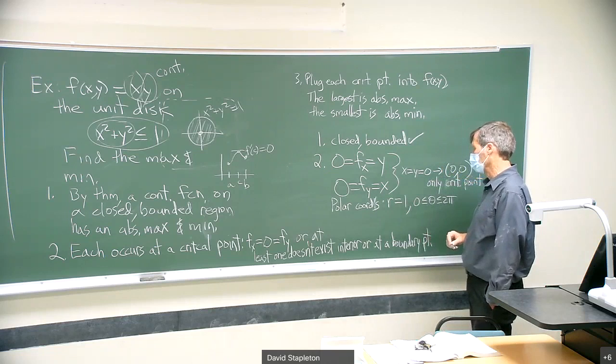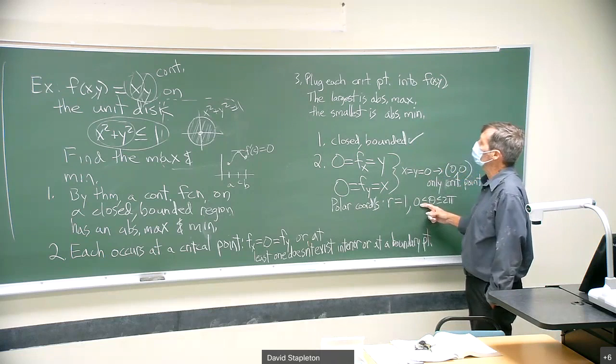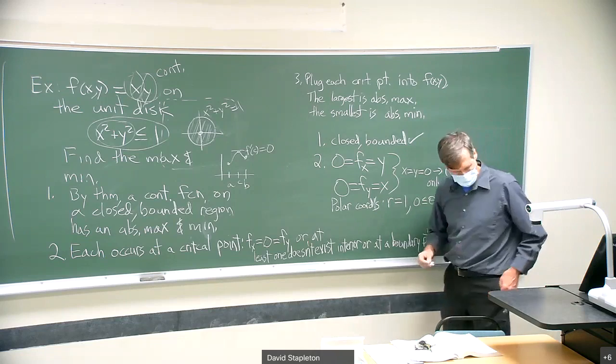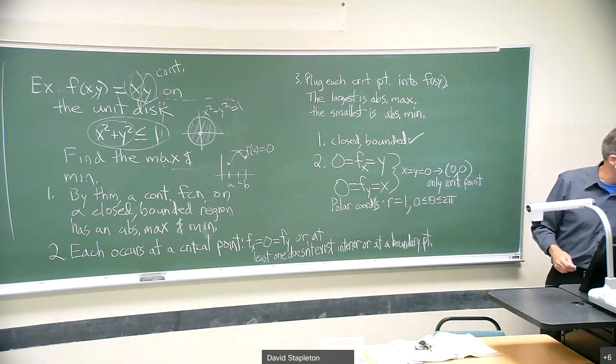And now what I want to do is say, what are the candidate boundary points for this thing? I better move this to the other side. I'd hate to, but I think I need to.